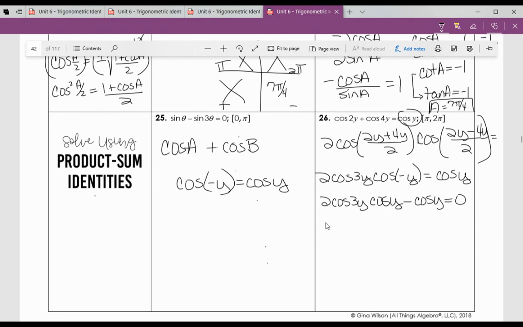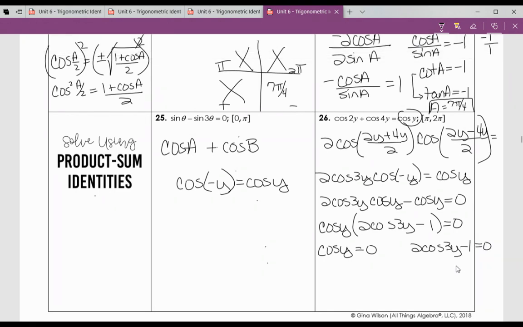So here I'm going to have cosine y times 2 cosine 3y minus 1 equals 0. So now I have my two factors. Cosine y equals 0 and 2 cosine 3y minus 1 equals 0. Cosine y equaling 0 is pretty easy, but 2 cosine 3y minus 1 is a little bit more challenging.